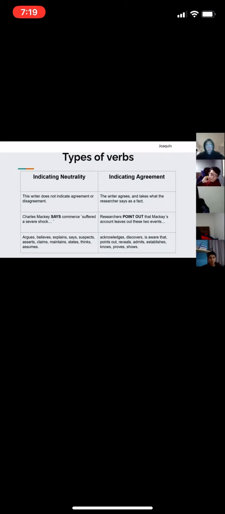You can see that "point out" is used as something that they are completely sure of and not as a mere informative verb. Verbs that can express agreement are acknowledges, discovers, is aware that, points out that, reveals, admits, establishes, knows, proves, shows, discloses, indicates, notices, and realizes.